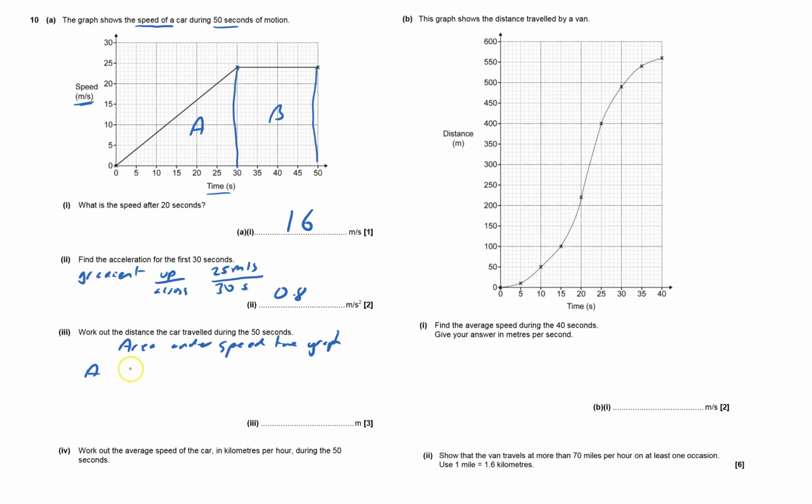So it's A plus B equals the distance, and A is the triangle, so it's half the base, which is 30, times the height, which is 24, and then we add the rectangle, whose base is from 30 to 50, so that's 20 along there, times the height, which is 24.